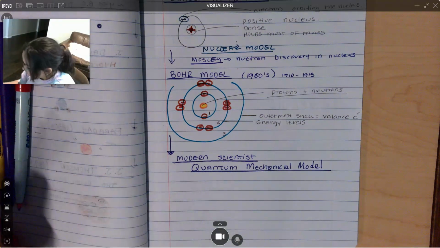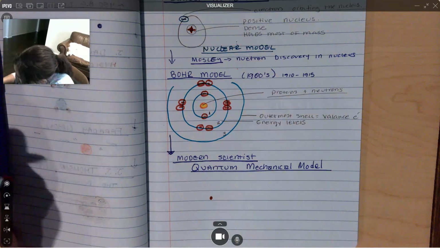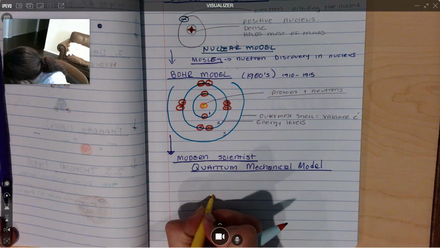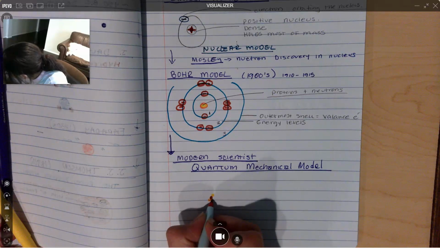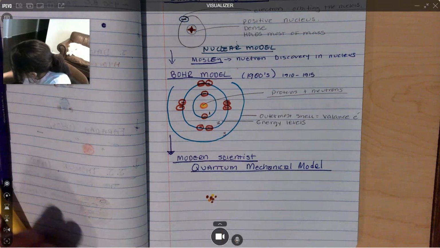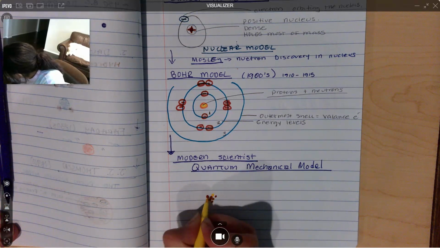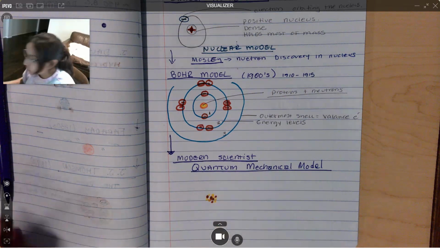Anyways, so the quantum mechanical model, inside of this model, the inside is still our nucleus with our neutrons and our protons placed together.